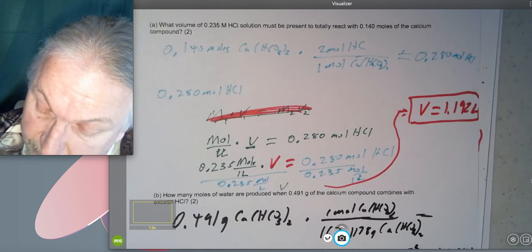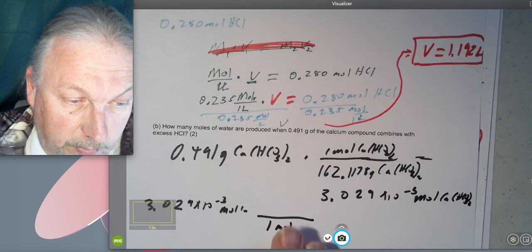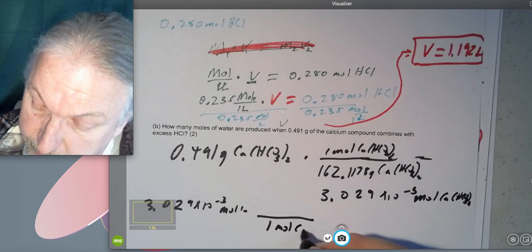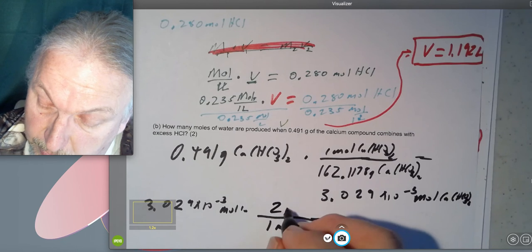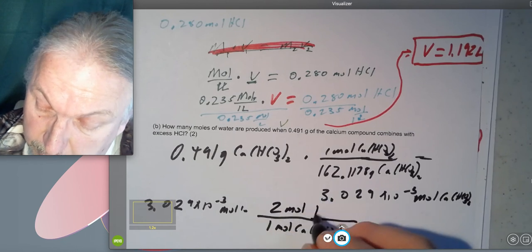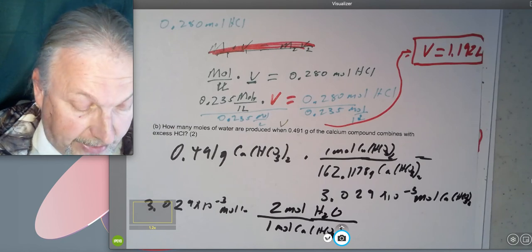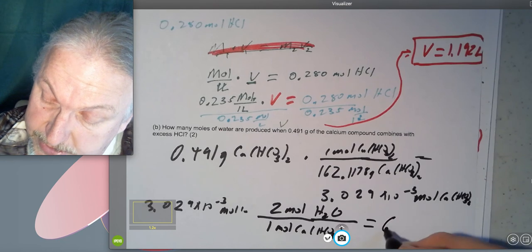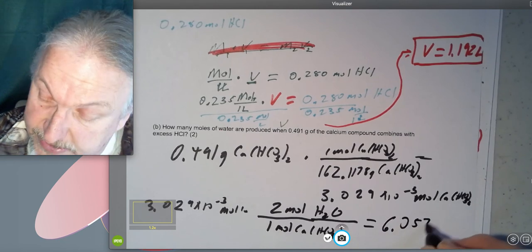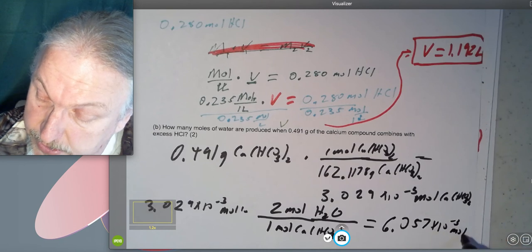So for every 1 mole of Ca(HCO3)2 I use, I can produce 2 moles of H2O. So all I've got to do is multiply that times 2, and I get 6.057 times 10 to the minus 3 moles H2O.